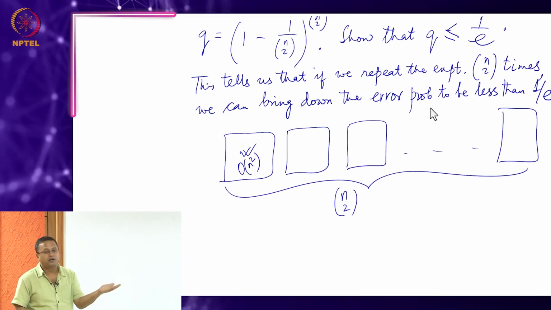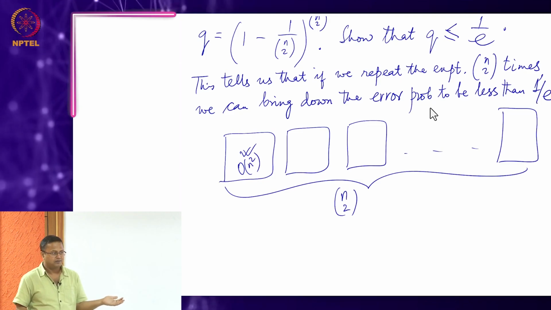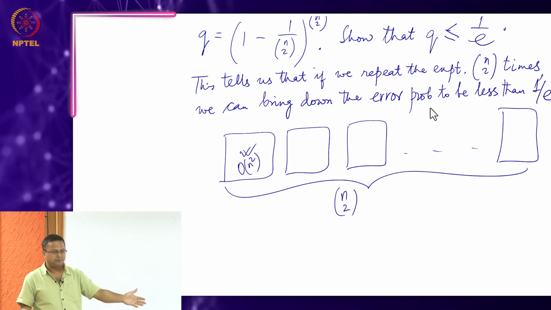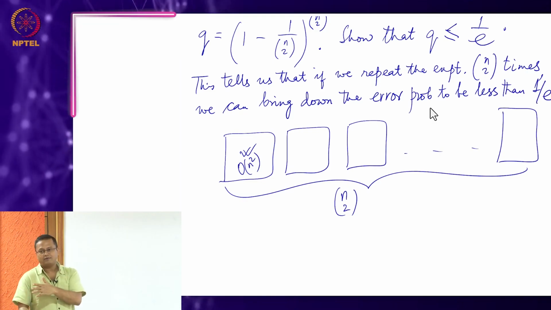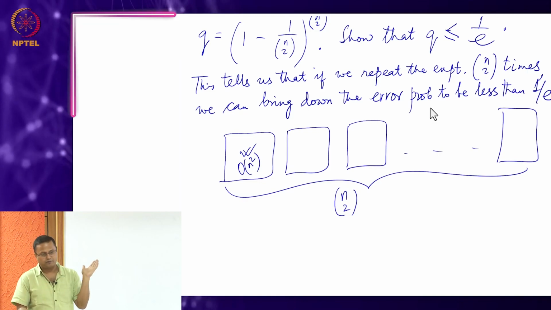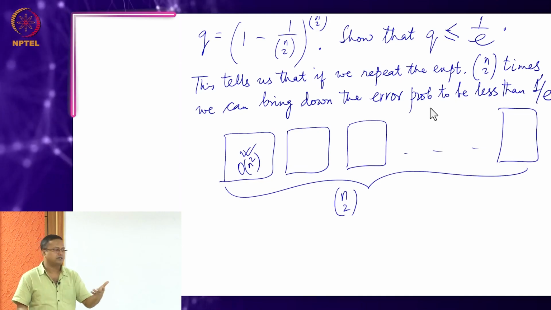Now you have to choose what makes you happy. You give less time, your error probability is high. You give more time, you can bring down your error probability. That's your choice as a designer.